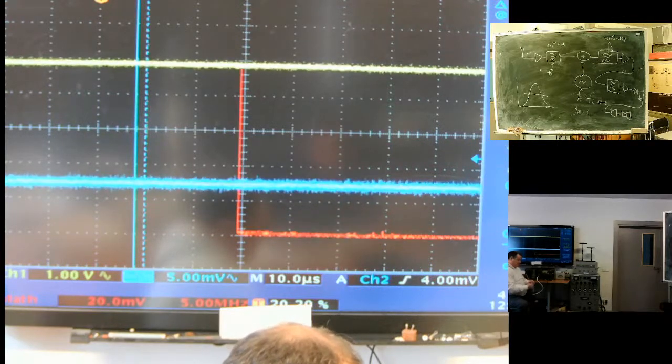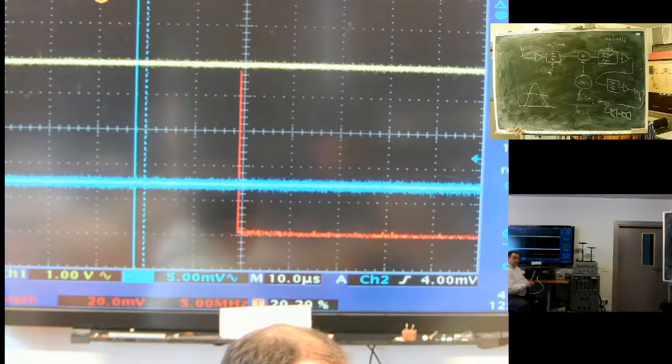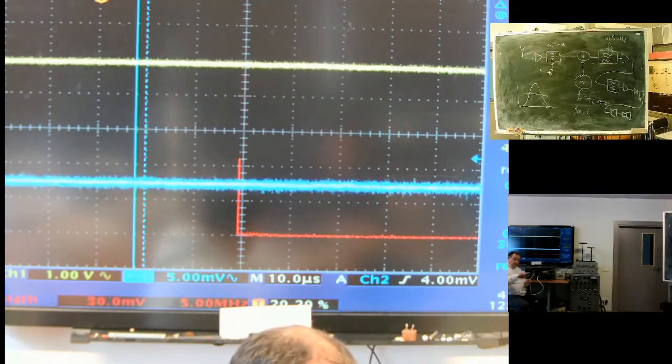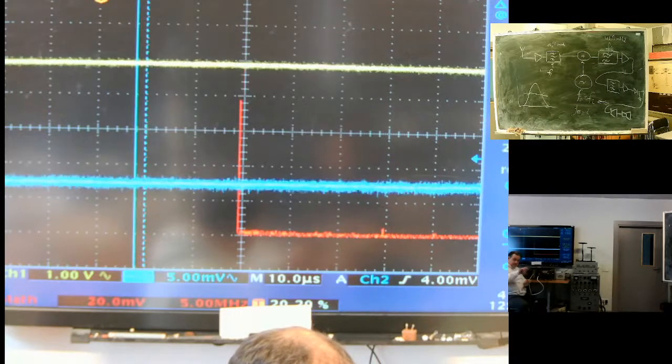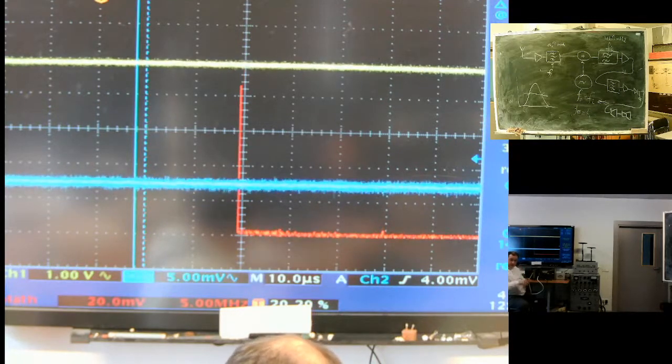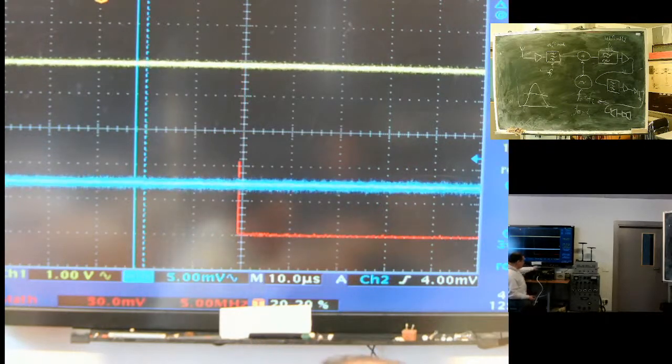Actual telegraph, not wasting energy. Transfer, no transfer, transfer, no transfer, transfer, no transfer. 100% is used.